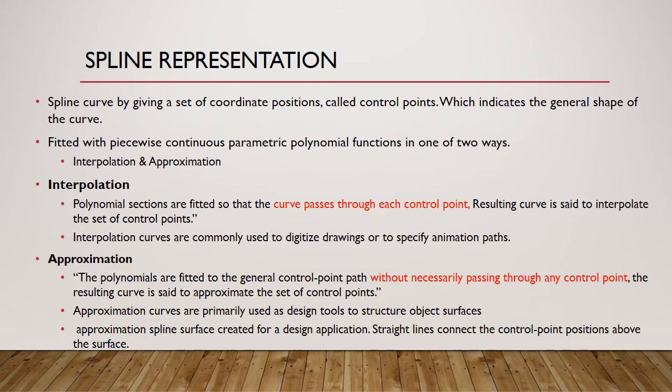There are two kinds of curves which can be drawn: interpolated curves and approximation curves. In interpolated curves, the curve has to pass through each of the control points, whereas in approximation curves, it is not necessary to pass through all the control points.